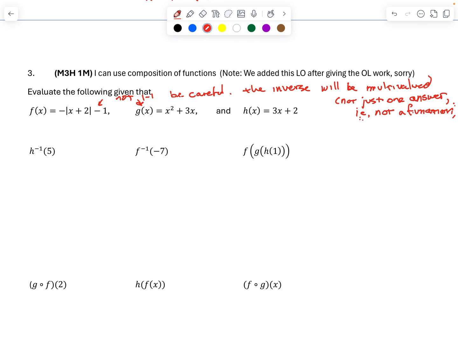This pen is acting weird. Well, okay. H inverse of 5, that's not too bad.